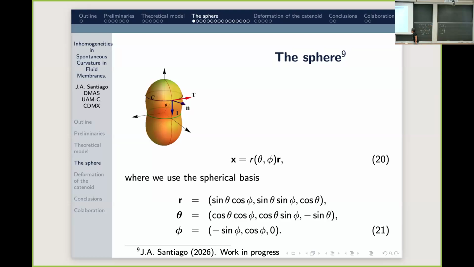Then the spherical basis, and we have the Darboux basis.